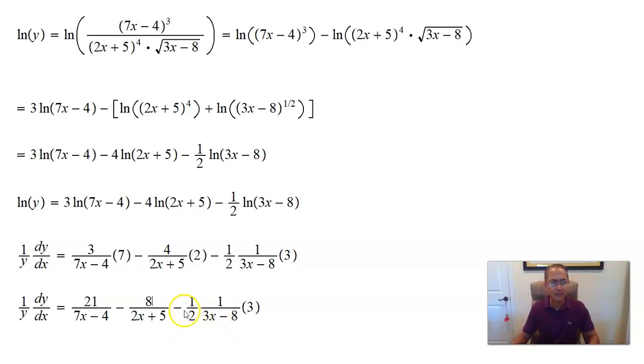Okay. And what to do with this guy? Well, I suppose we can promote it to the numerator. You can write it as 3 halves there. If you like, you can put 2 times 3x minus 8. Either way is fine. And we're almost finished, because we want dy by dx.